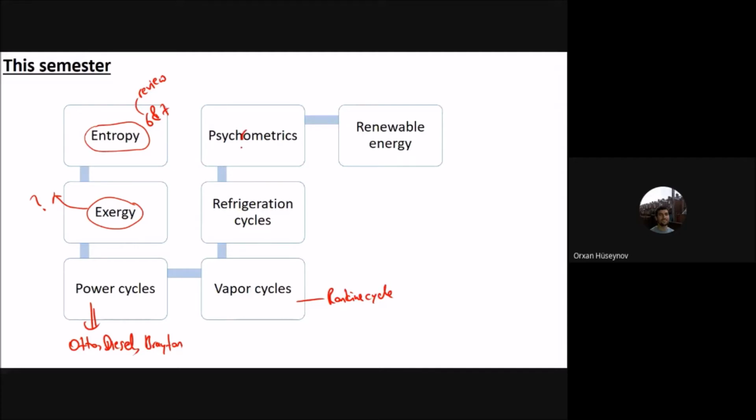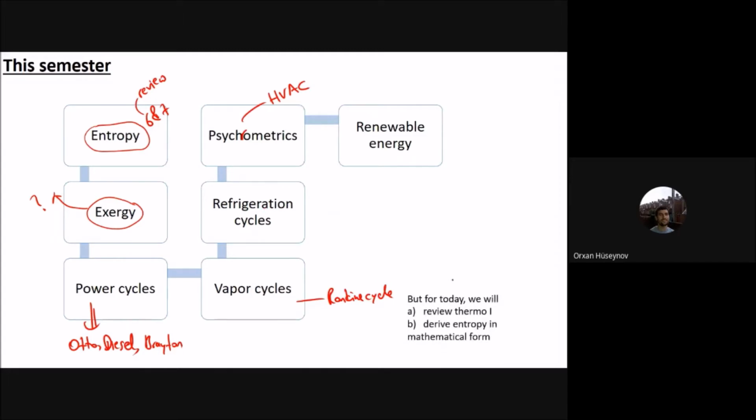Psychrometrics is mainly important for HVAC, heating, ventilation, and air conditioning. Here we are talking about humidity, that is, the psychrometric chart to find the related properties of air. And then renewable energy. This will be the last part of our plan for the semester.